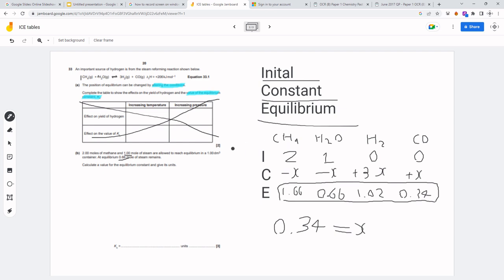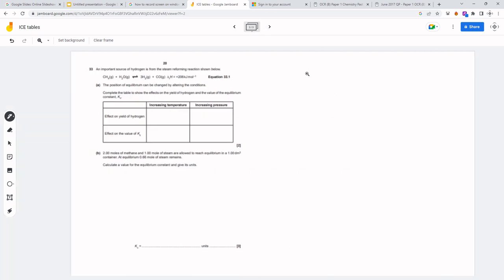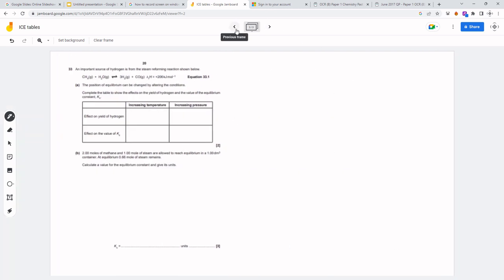So once you've gotten that, moving on, you can put those values into, and I might have forgotten some of them, so I'll have to go back in a sec, but to solve for Kc, you construct the equation, which is H2 cubed times CO, over CH4 and H2O.